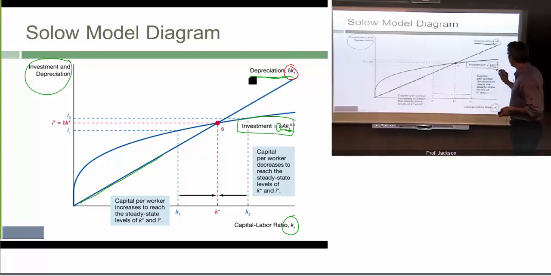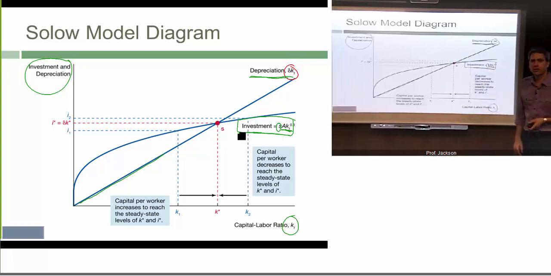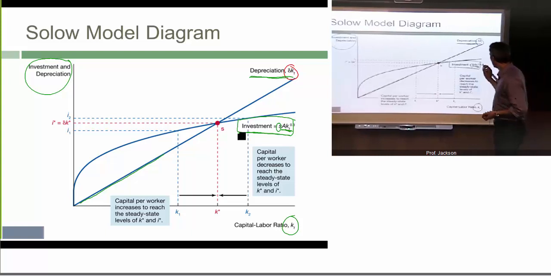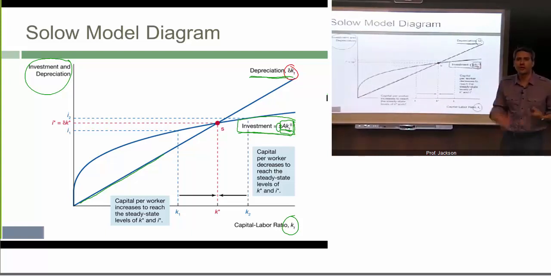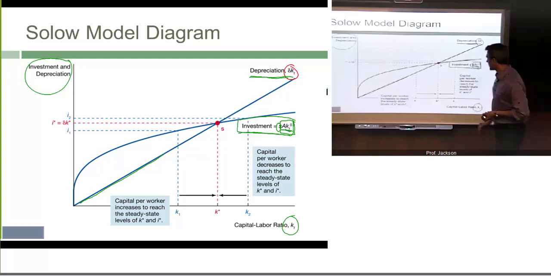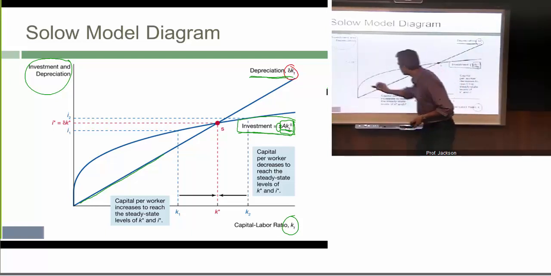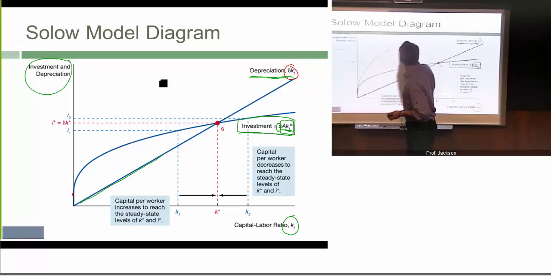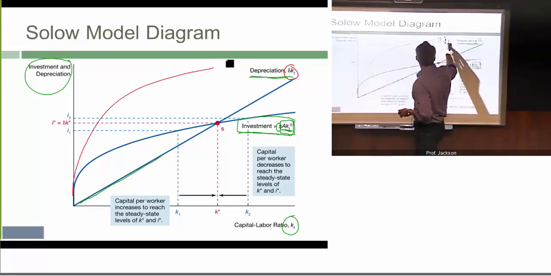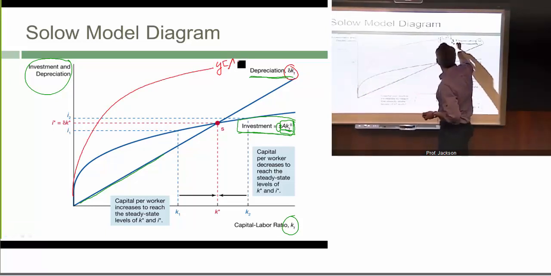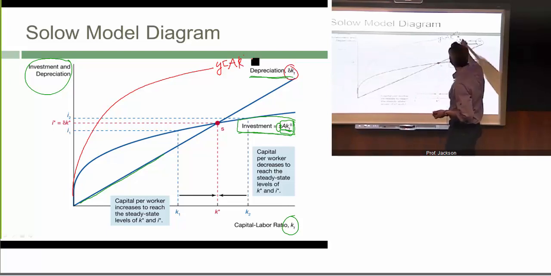And then we have this investment function, which looks a lot like a production function, and there's very good reason for it. There's y right there, and we just multiply our production function y times the savings rate. If we wanted to, we could actually draw our total production function up here somewhere.